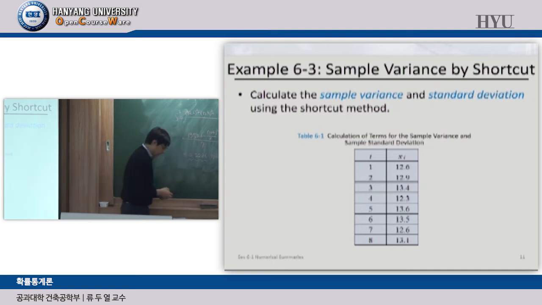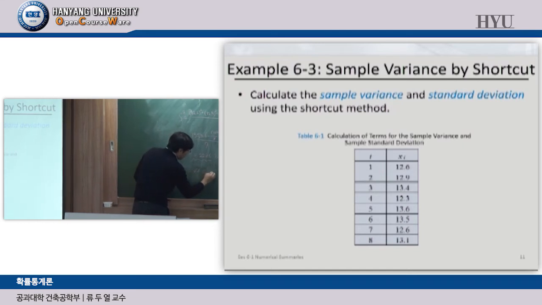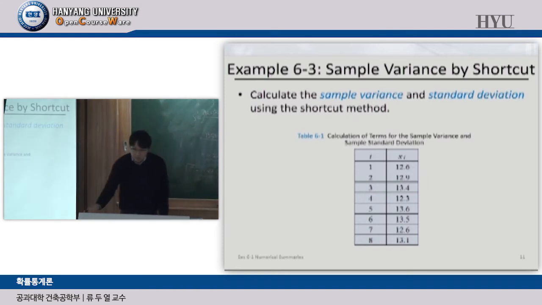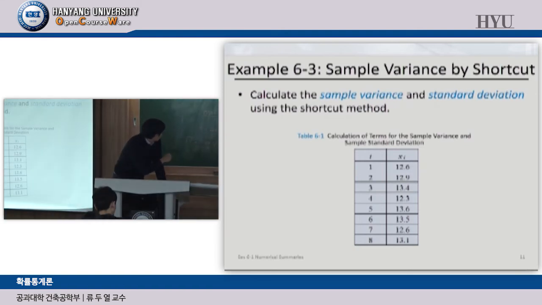So we can obtain the same answer by using this equation, and also the sample standard deviation, that is the root of s square, is equal to 0.48 pound. So now we can simply calculate the sample variance and the sample standard deviation by using this shortcut method.